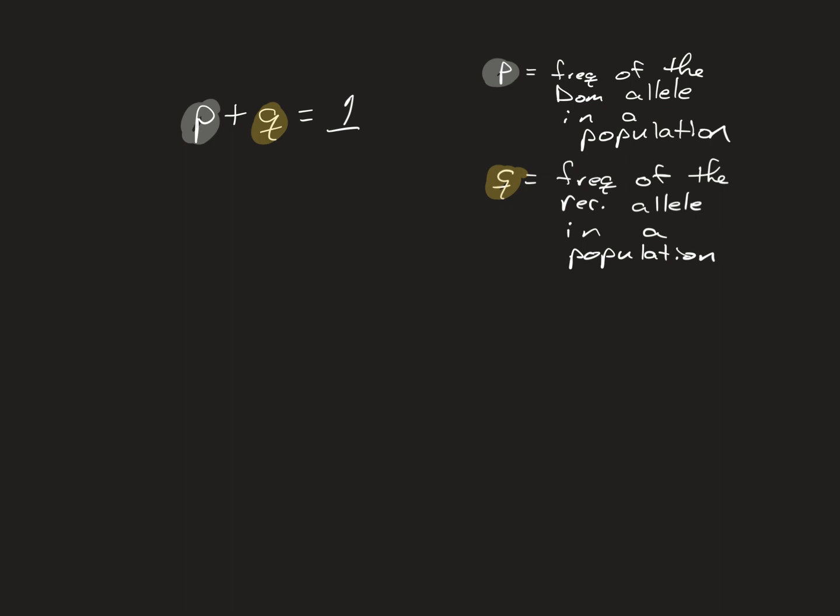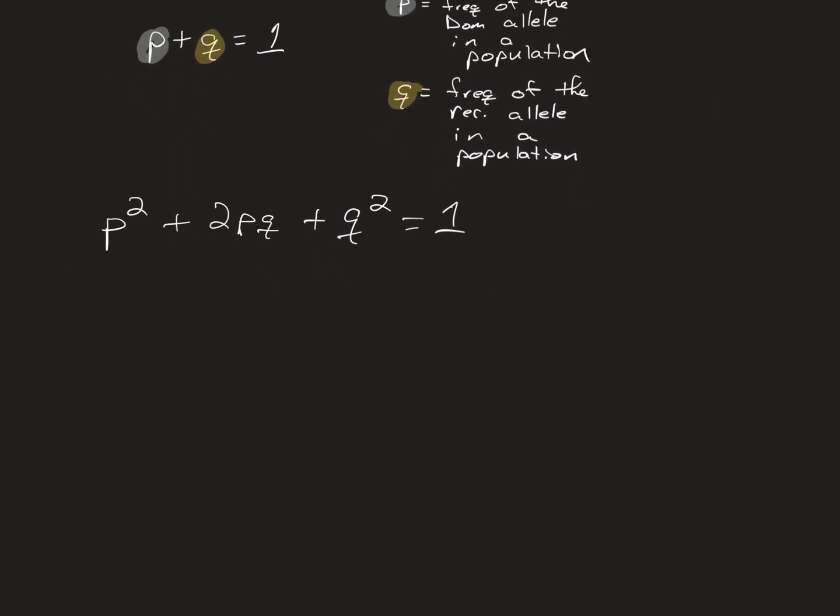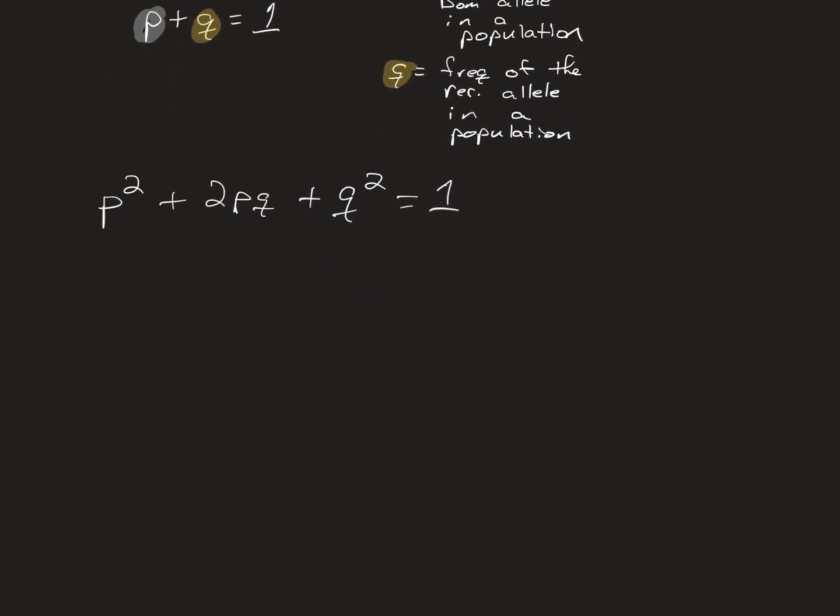The other equation that Hardy-Weinberg came up with is P squared plus 2PQ plus Q squared also must equal 1. Let's take a deeper look at what this means. How is it you get this, by the way?